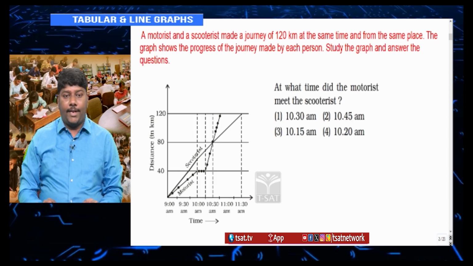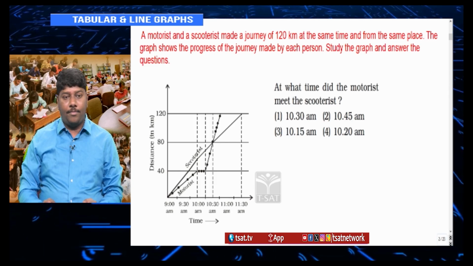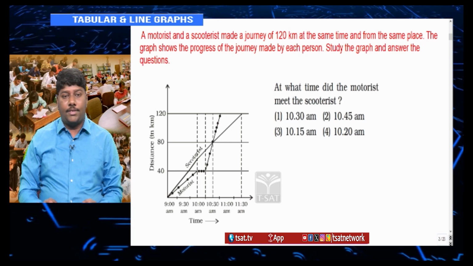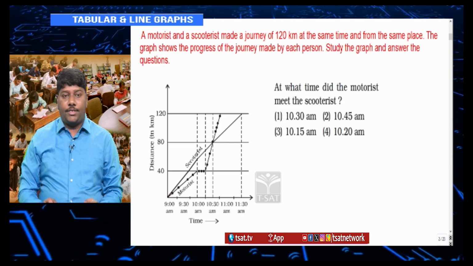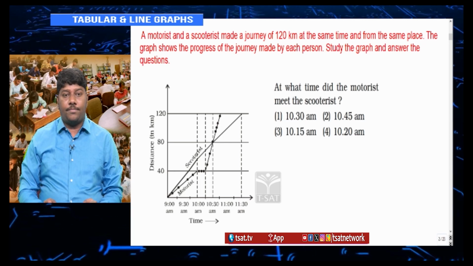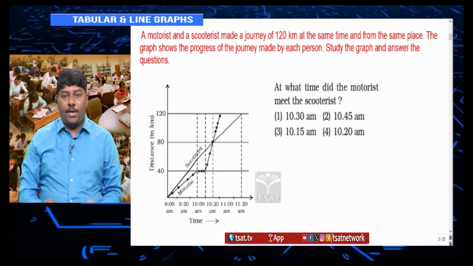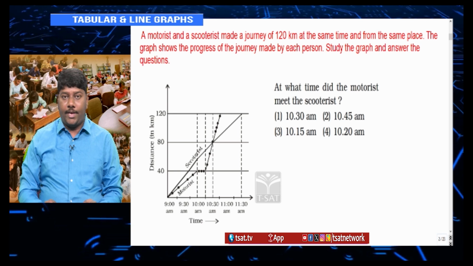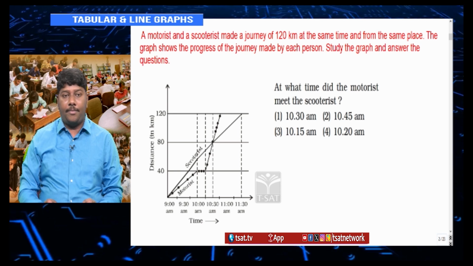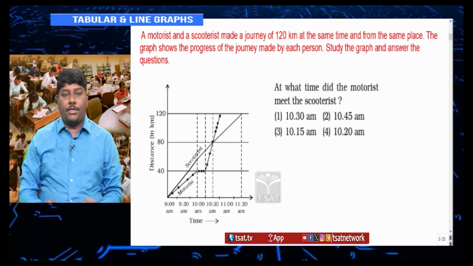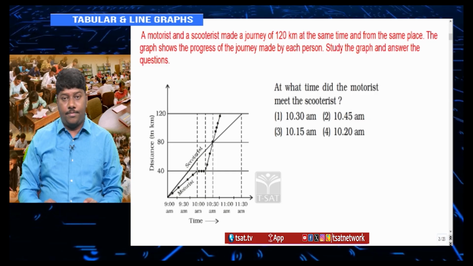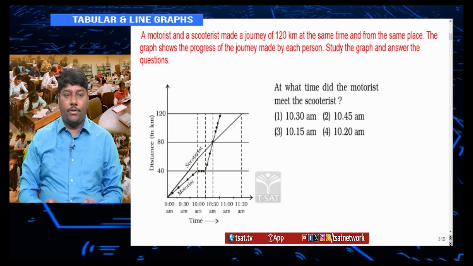If you observe the graph, the scooterist is a perfect line and the motorist is given as a line with points. Motorist and scooterist made a journey of 120 kilometers at the same time from the same place. They are starting from the same place at the same time. The graph shows the progress of the journey made by each person. Study the graph and answer the questions.